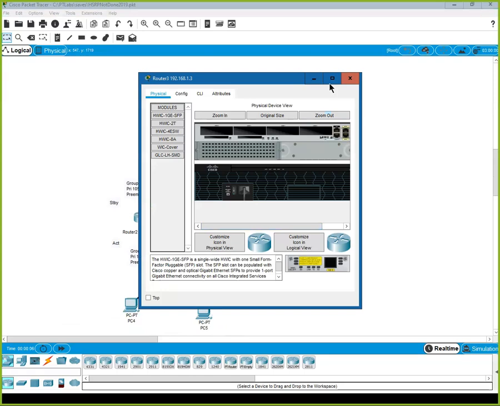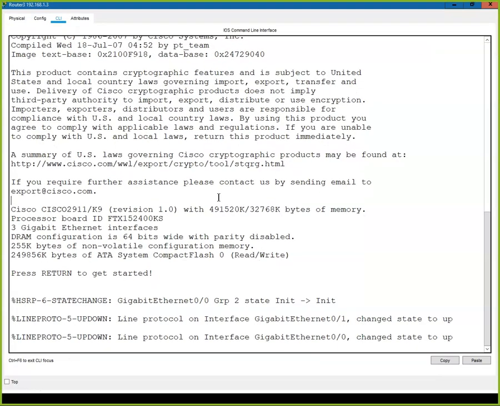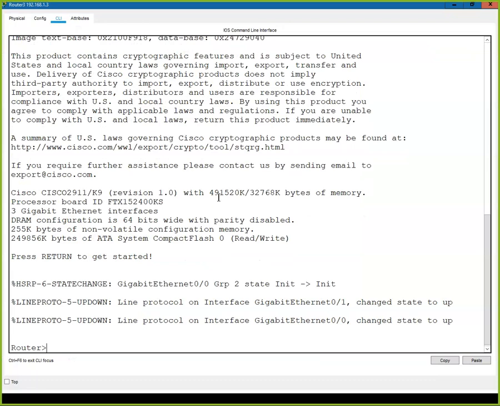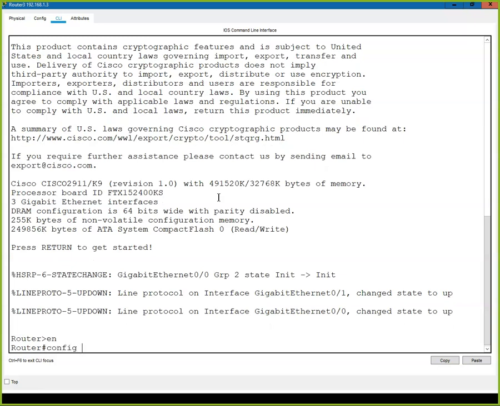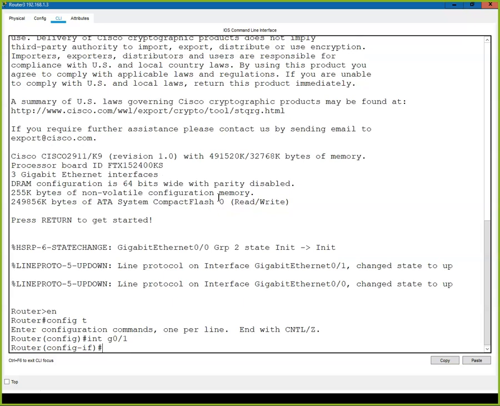So let's go in and just leave it where we were. The default priority, by the way, is 100. If we don't change anything, the priority is going to be 100. So this is interface gig 0/1, I think, right?